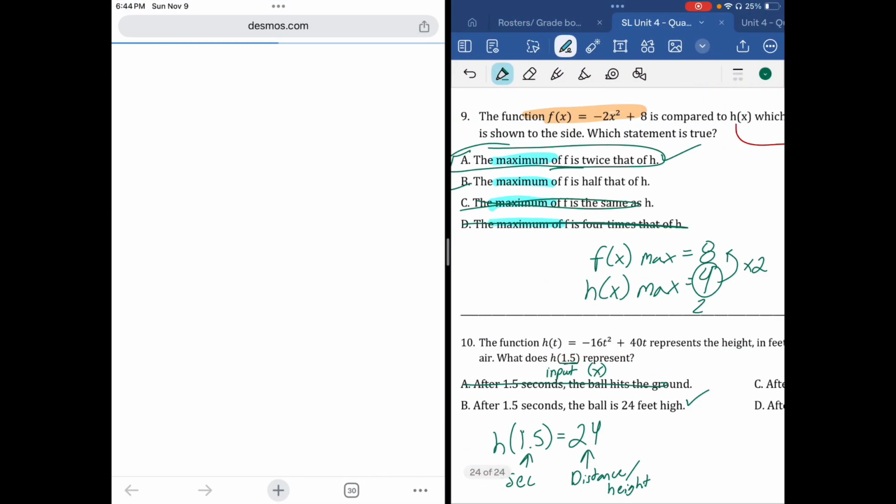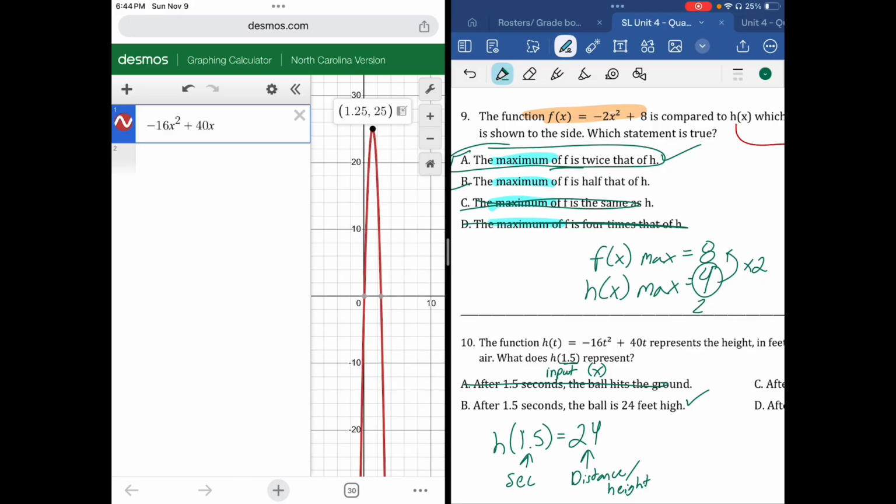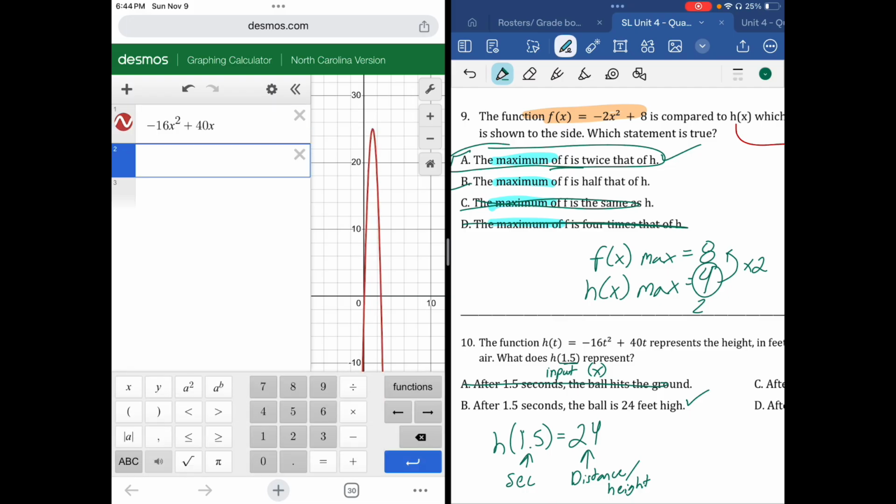So let's put our equation in Desmos. Negative 16x squared plus 40x. Well, up here, it says that the height at its peak is at 1.25 seconds. So remember I said earlier that 1.5 is an input or an x?